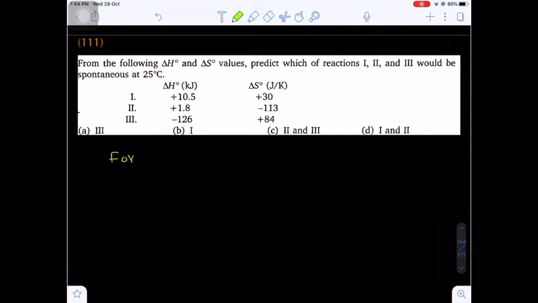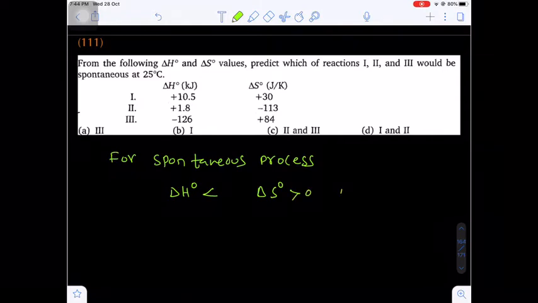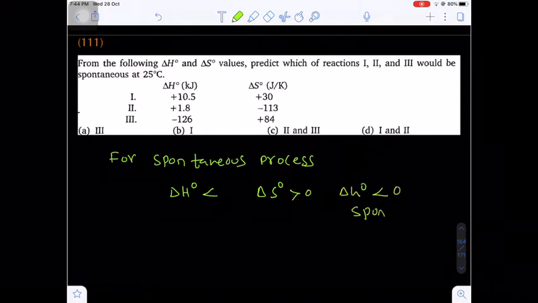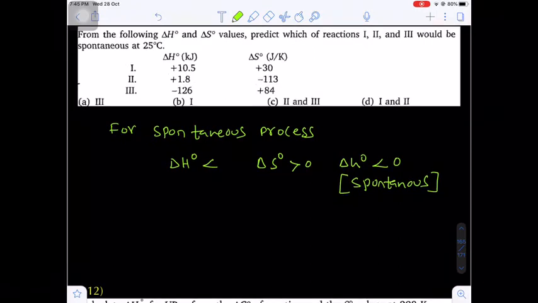Now in the last class I explained that for a spontaneous process the necessary condition should be delta H naught always negative, delta S naught always positive, then the delta G naught value always negative. This will be the condition for a spontaneous process. Yes or no? Now according to this, in the first option, delta H naught positive, delta S naught positive.